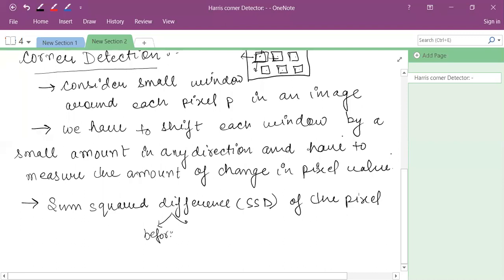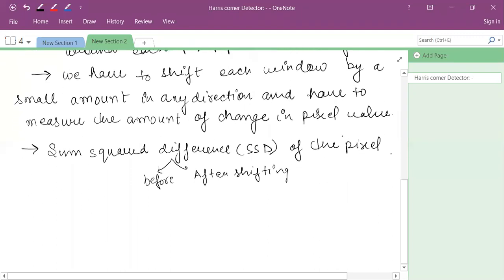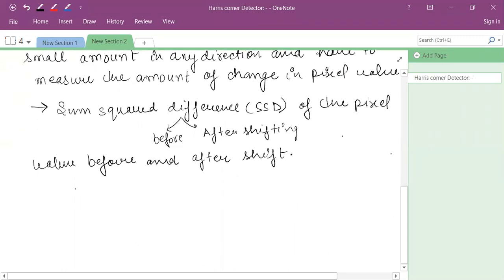Sum squared difference of the pixel value before shift and after shift. And this difference, that is called the SSD, is denoted by the function E(u,v).